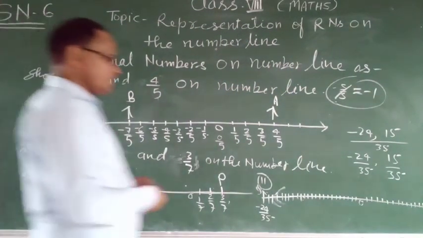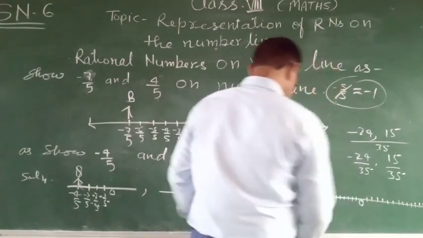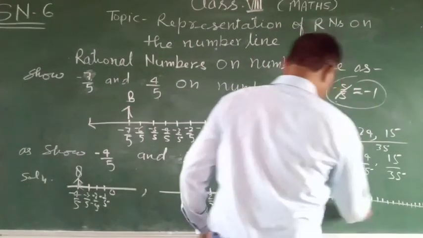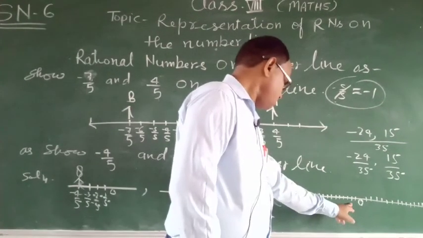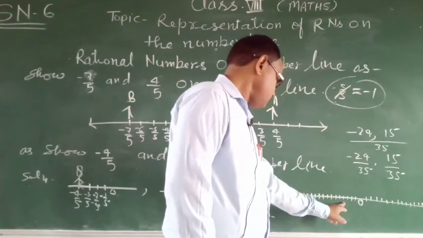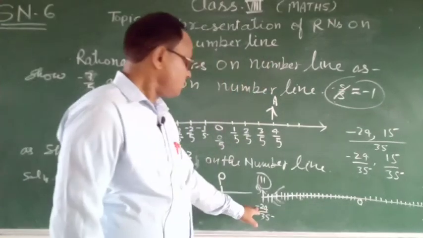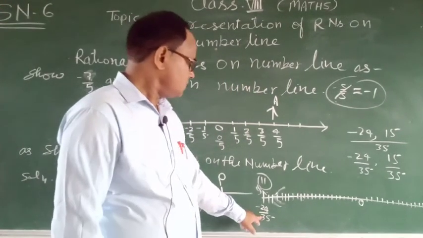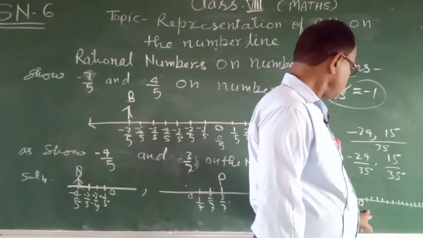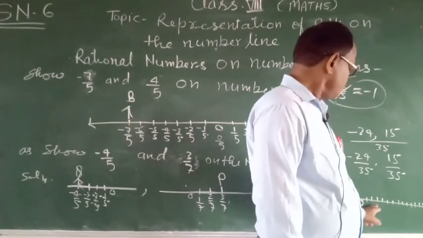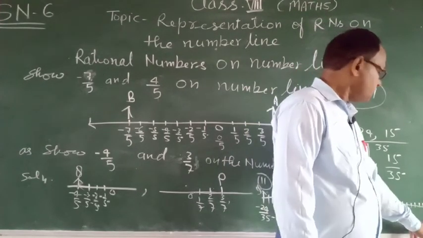Okay, student, and here 0. Here we can write 1 by 35, 2 by 35, 3 by 35, and on the left minus 4 by 35 and so on, up to minus 24 upon 35, and on the right 1 by 35, 2 by 35, 3 by 35, up to 15 by 35.